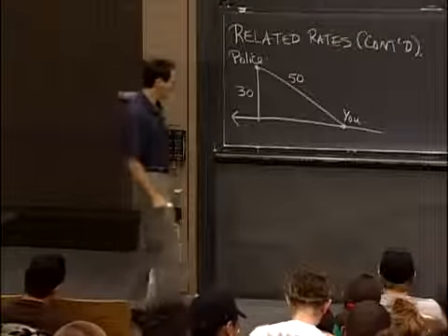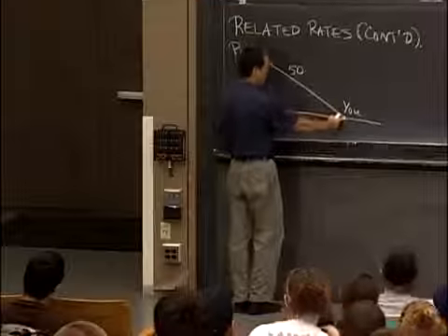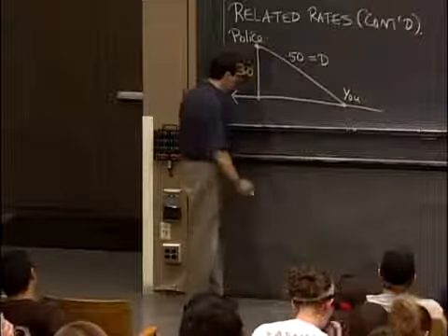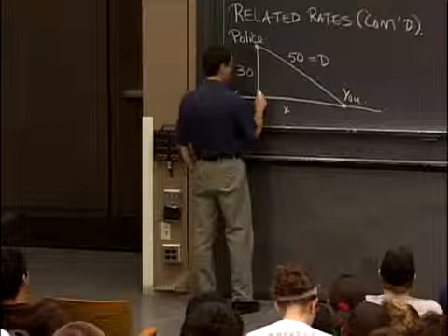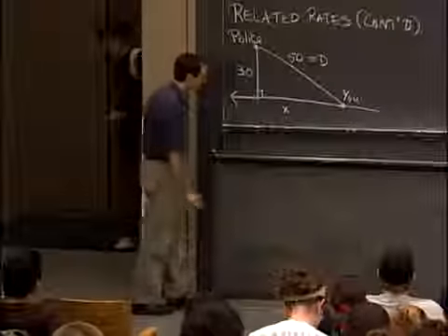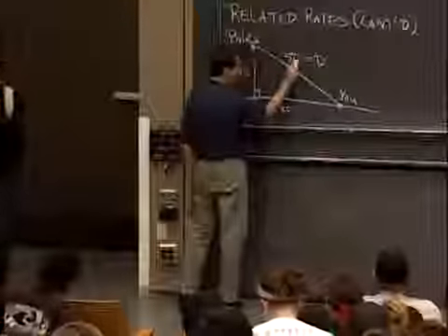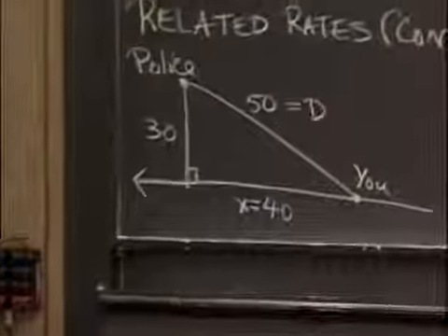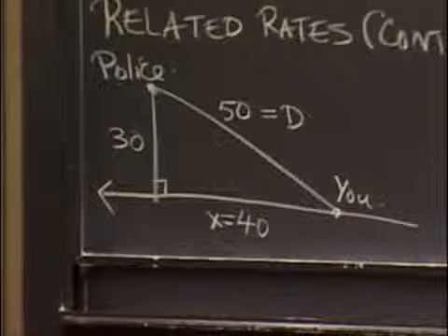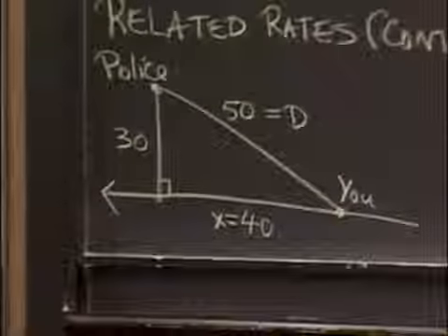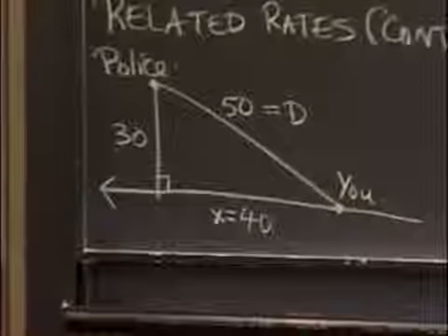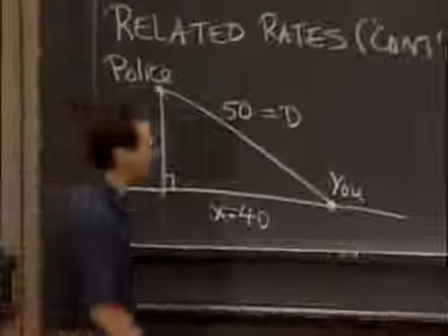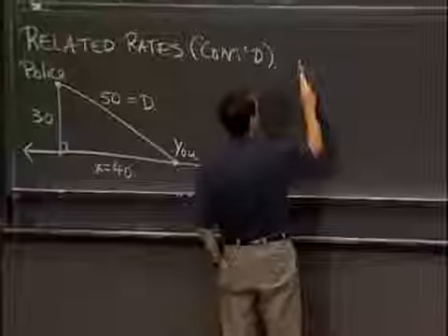Because you're moving, this distance is varying, so we gave it a letter. Similarly, your distance to the foot of the perpendicular with the road is also varying. At this instant, it's 40 because this is a 3, 4, 5 right triangle. This was the situation we were in last time, and we're going to pick up where we left off. The question is, are you speeding?